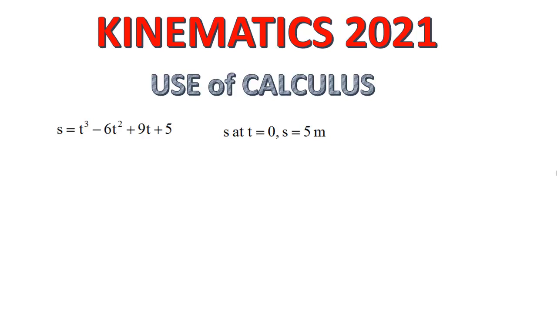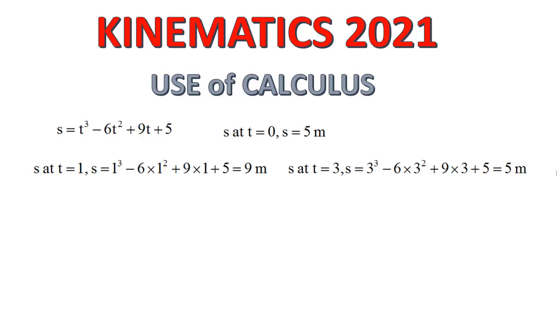So we have to find at 0, at 1, at 3 and 5. So I get t equals to 1 at 9 meters. That means after 9 meters the velocity just changes the direction. Now I put t equals to 3. I get 5 meters. That means when it's coming back, you can see it reaches at 9, comes back at 5. Starts from 5, goes till 9, comes back to 5 again.